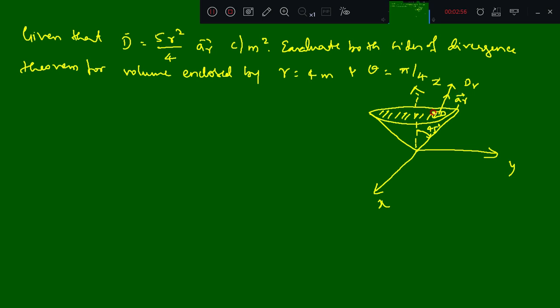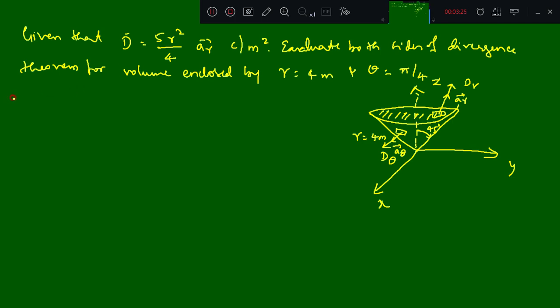Then here you will get the d theta, this is d theta in the direction of a theta, then the radius is 4 meters. Okay, and this is given.